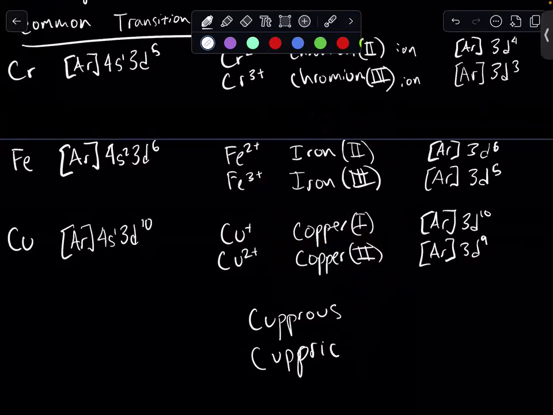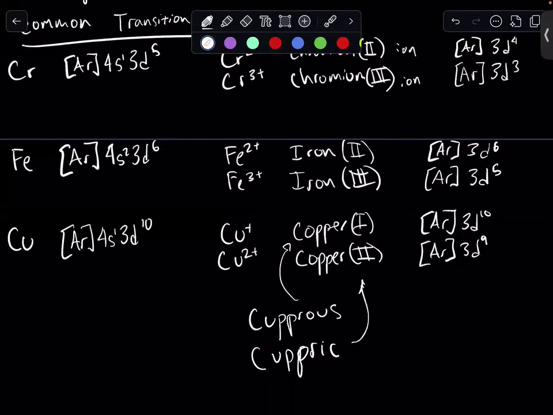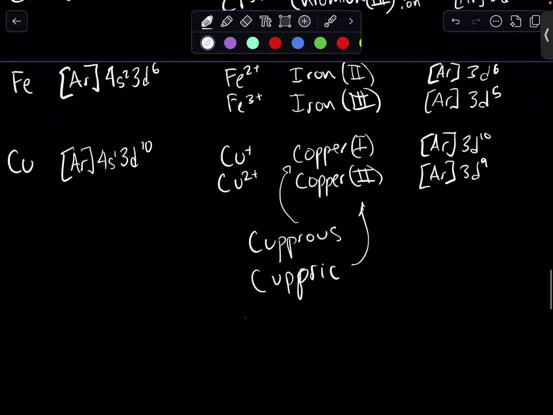Cupric referring to the 2+ and cuprous referring to the 1+. And iron, which has a symbol Fe, would become ferrous or ferric, taking from the old names of these elements, ferrous referring to the 2+ and ferric referring to the 3+.